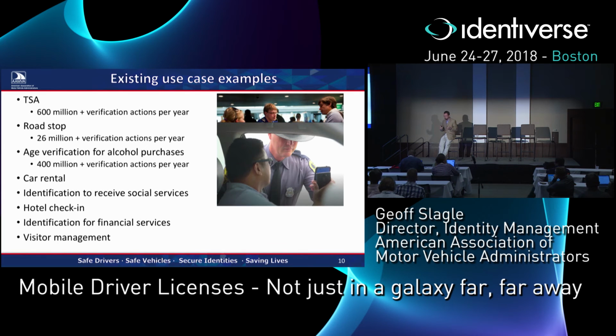And a couple of our members and associate members also received a grant where they were doing some MDL work, but it's law enforcement at a distance can actually do the call and say, hey, if you've got an MDL, will you release it to me? And the driver can release it to law enforcement. And that way the law enforcement has as much information as they can before they walk up on the person.